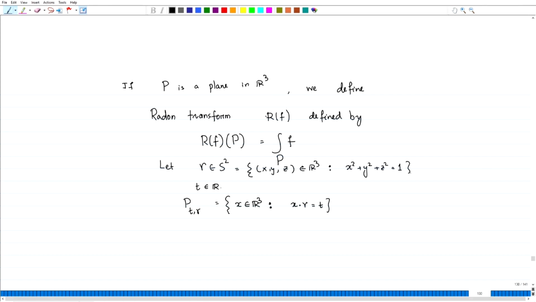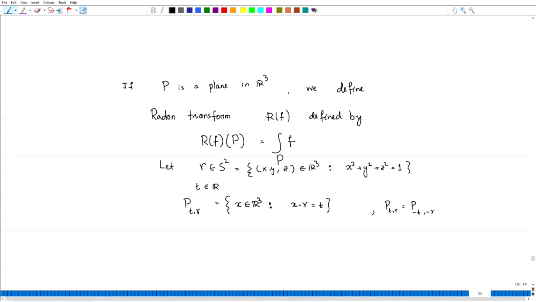So the unit vector is orthogonal to it and the plane is at distance t from the origin. Easily one can see that P(t, gamma) equals P(-t, -gamma), by definition.